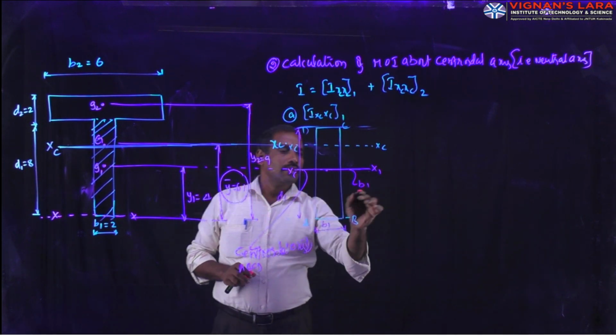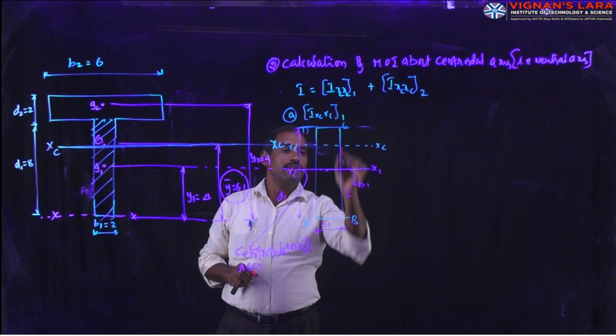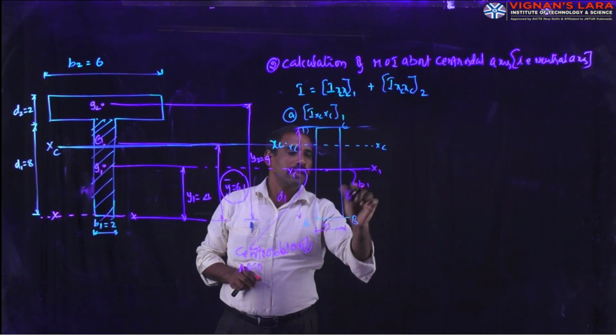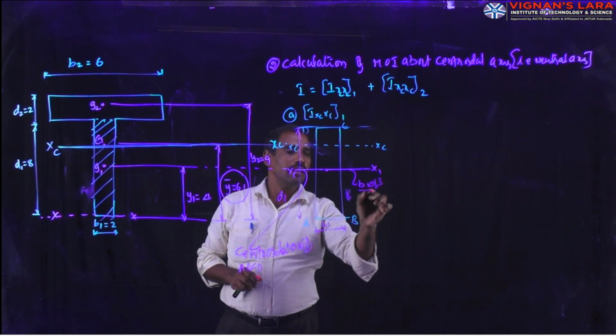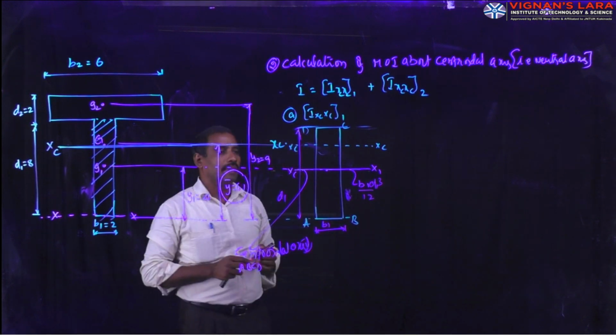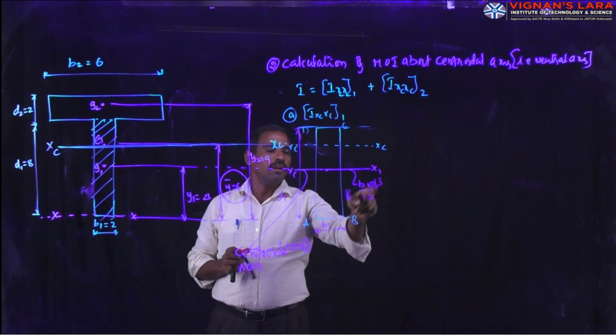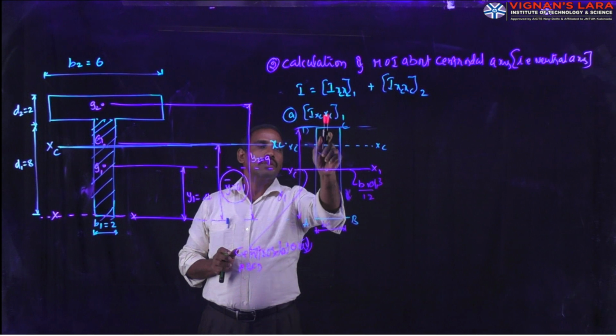The moment of inertia of this rectangle about this axis is B1 D1 cube by 12, we know that, but this is not the required one. This is the non-central axis.